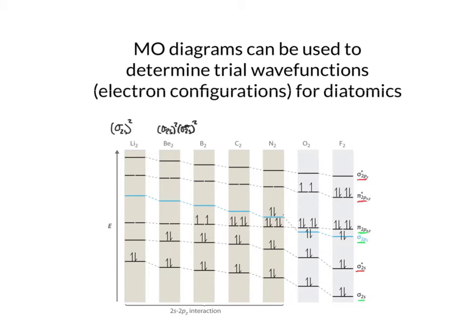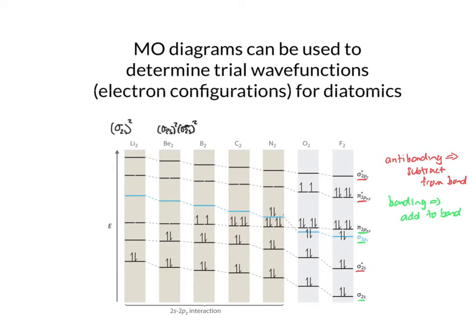They remove the ability for those atoms to bond. So anti-bonding orbitals subtract from making a bond, and electrons in bonding orbitals add to making a bond.